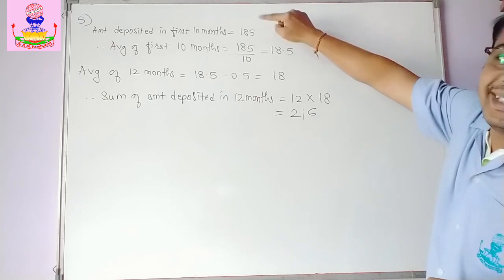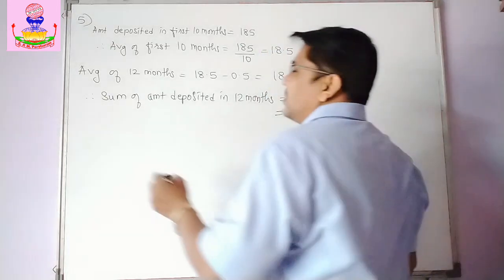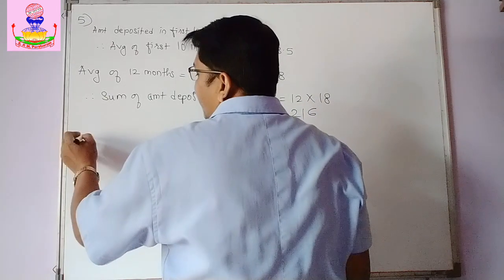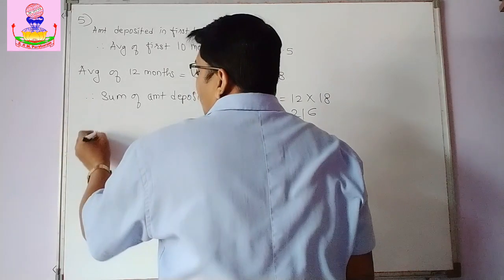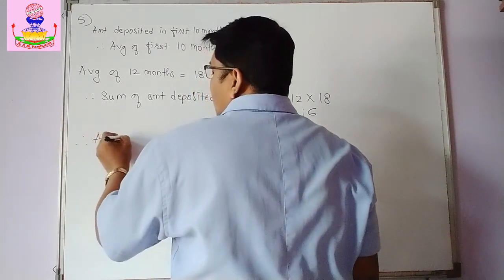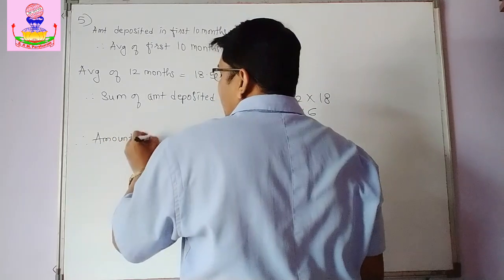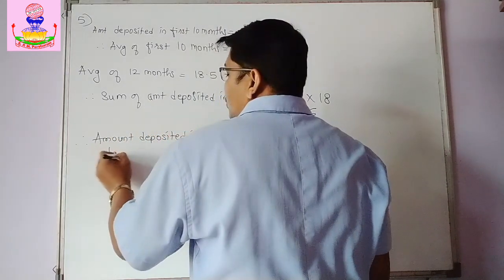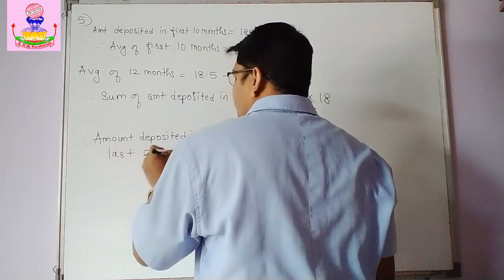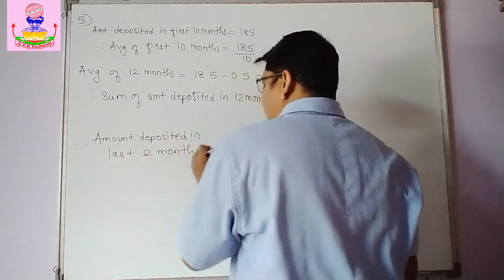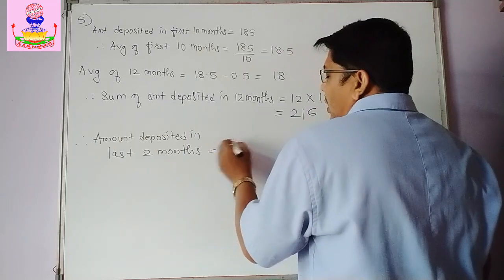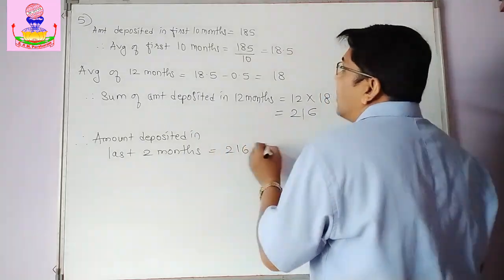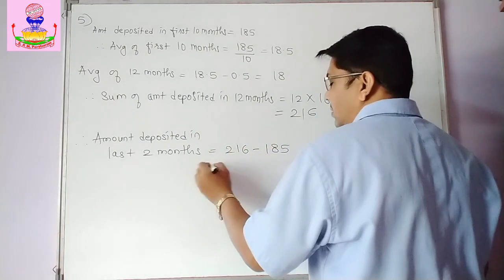The amount deposited in 10 months is 185. Can I get the amount deposited in the last 2 months? So therefore, the amount deposited in the last 2 months is equal to 216 minus 185.